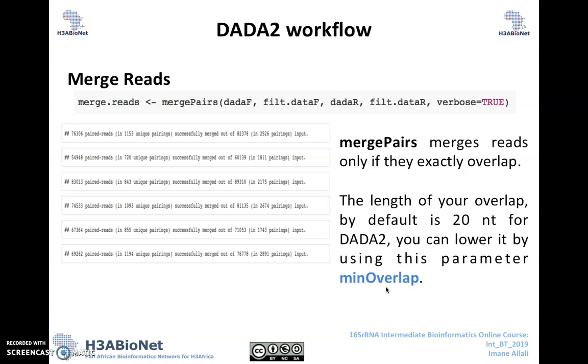So if your reads are not matching for any particular reason, you can change this by adding the maxMismatch option to the command, as a parameter for mergePairs. By default, it's 0, so 0 mismatches, but you can make it 1 or 2 if you are finding that a lot of your forward and reverse reads are not merging.